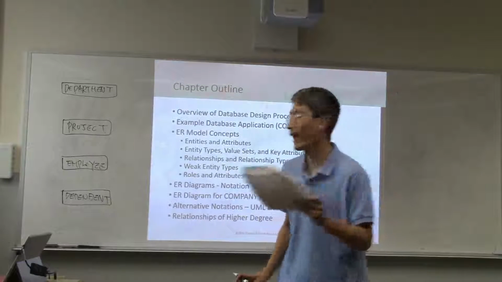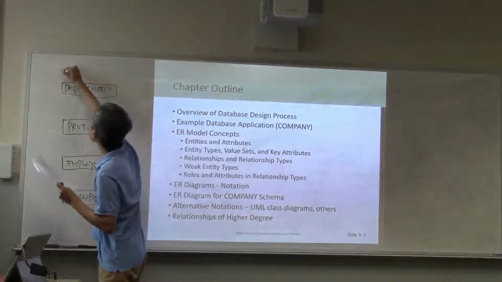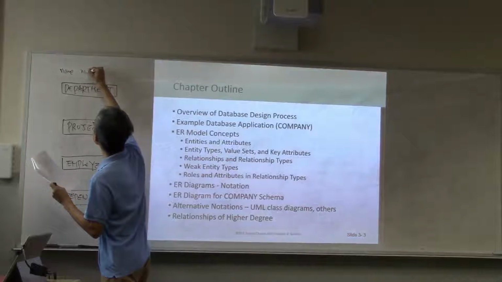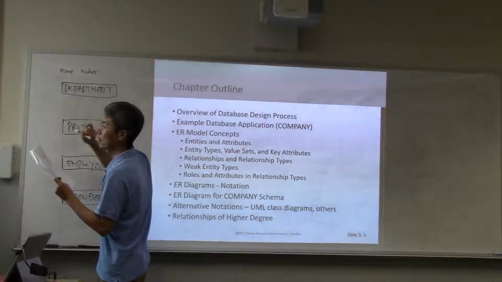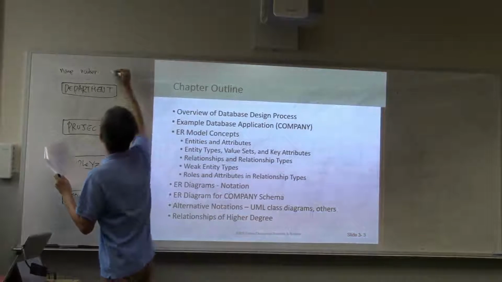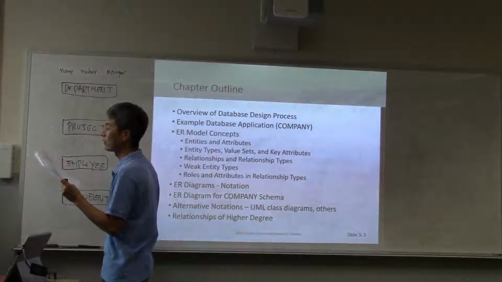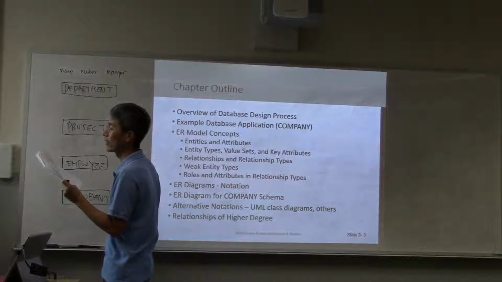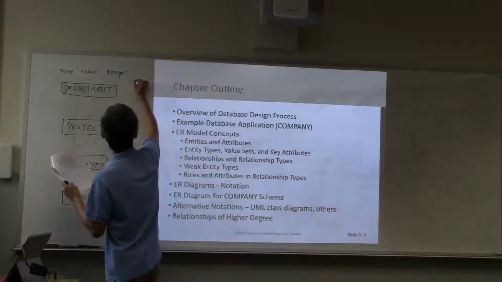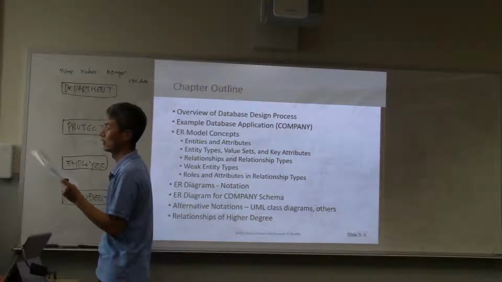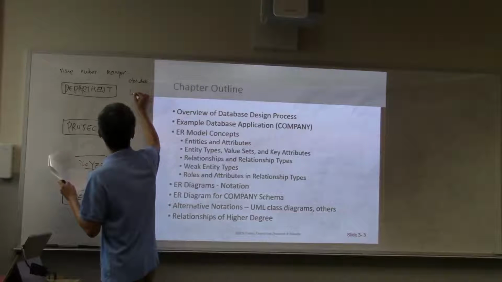Each department has a name, and also a number, and also a manager, right? And we keep track of the start date of the manager. And a department may have several locations.